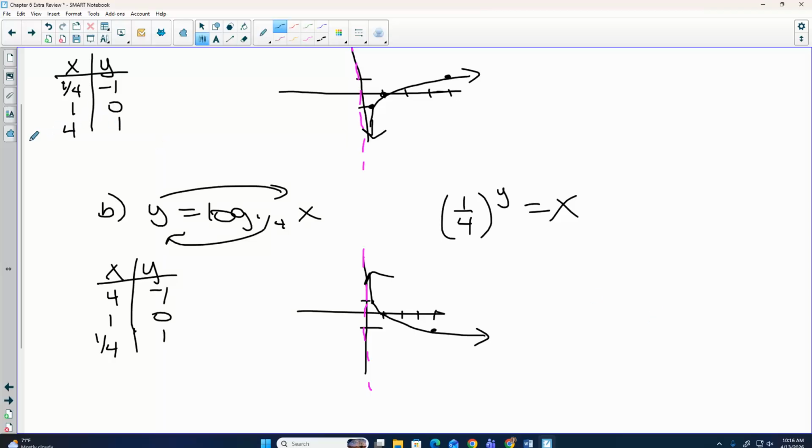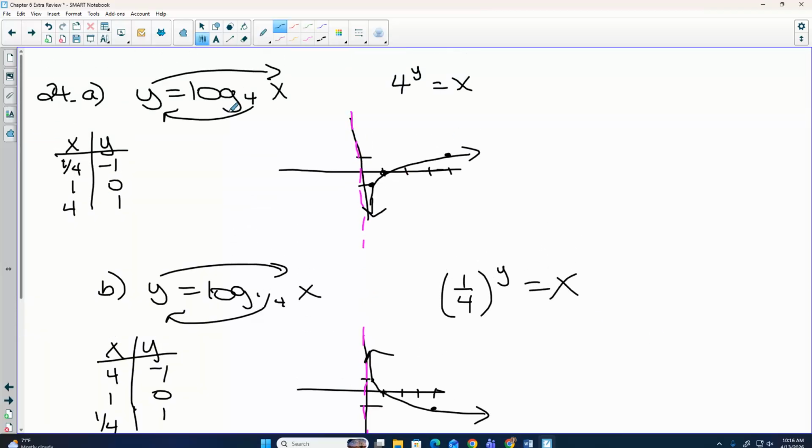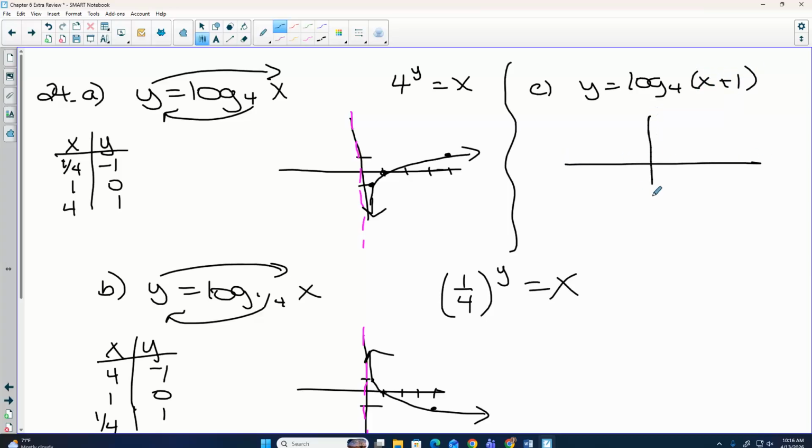On C, I would expect a parent function. It is a log base 4. So my parent function is what we graphed on part A. So we had the points 1/4, -1, 1, 0, 4, 1.